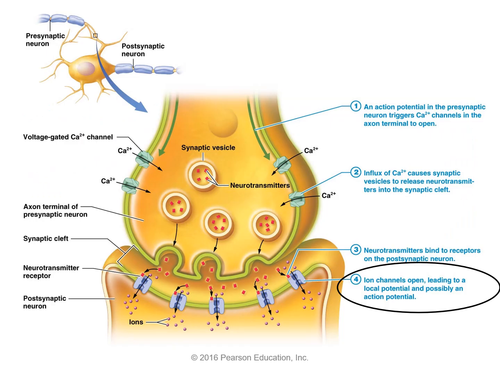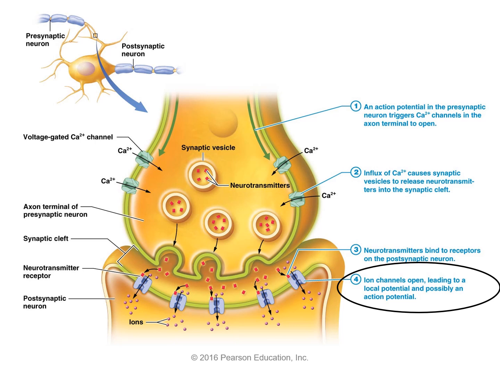So now we can continue on with our synaptic transmission, because we kind of stopped here at number 3. So once the neurotransmitter binds to its receptor, it opens a channel, which may be part of the receptor or separate. Here in this figure, it's ionotropic because the channel is part of the receptor.